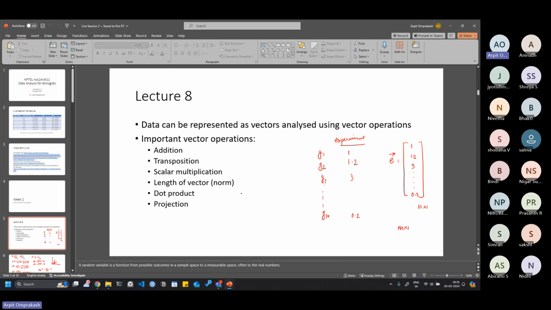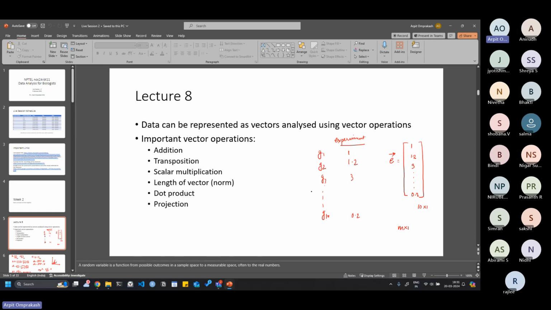The length of the vector is also called the norm. You square each of the elements of the vector, add them, and take the root. The dot product is element-wise multiplication and then addition. And projection is when you're trying to project one vector on top of the other, so you get the angle between vectors and the projection of vectors.